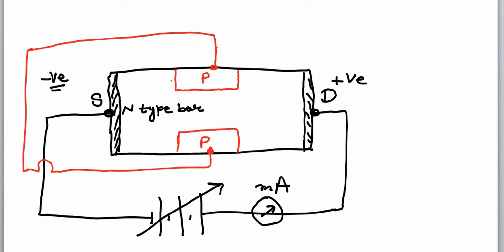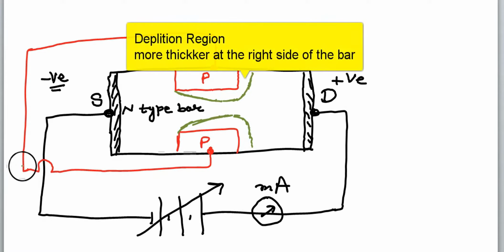It is given the name gate because the electrons which move from source to drain have to pass through the gate. The gate can be opened or closed by a potential, which is called the gate source potential.